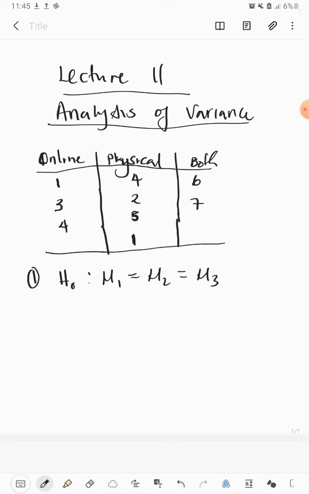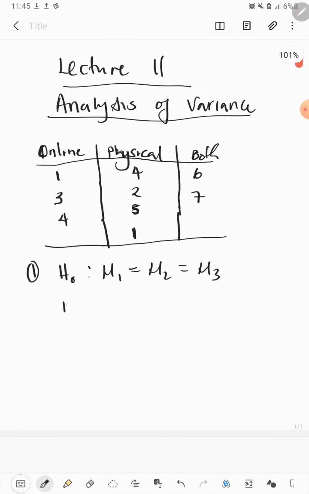The number of populations is denoted by k. Now that we have a null hypothesis, the alternative will be not all means equal.